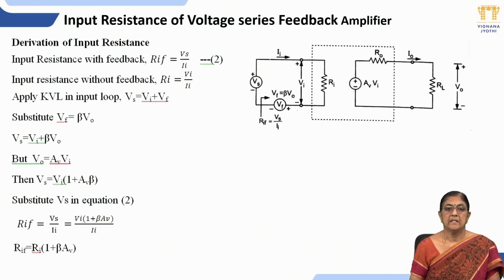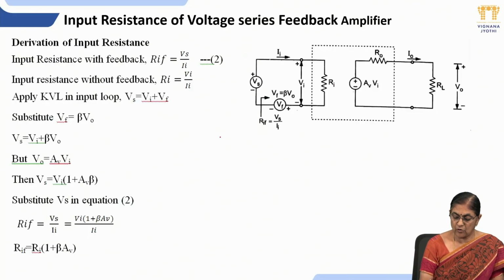Next, we will see the derivation for input resistance of voltage series feedback amplifier. So already we have learned about that, how to draw the equivalent circuit, and now we have to remember the terms. What is Ri? Ri is input resistance without feedback, and now we have to find out input resistance with feedback.